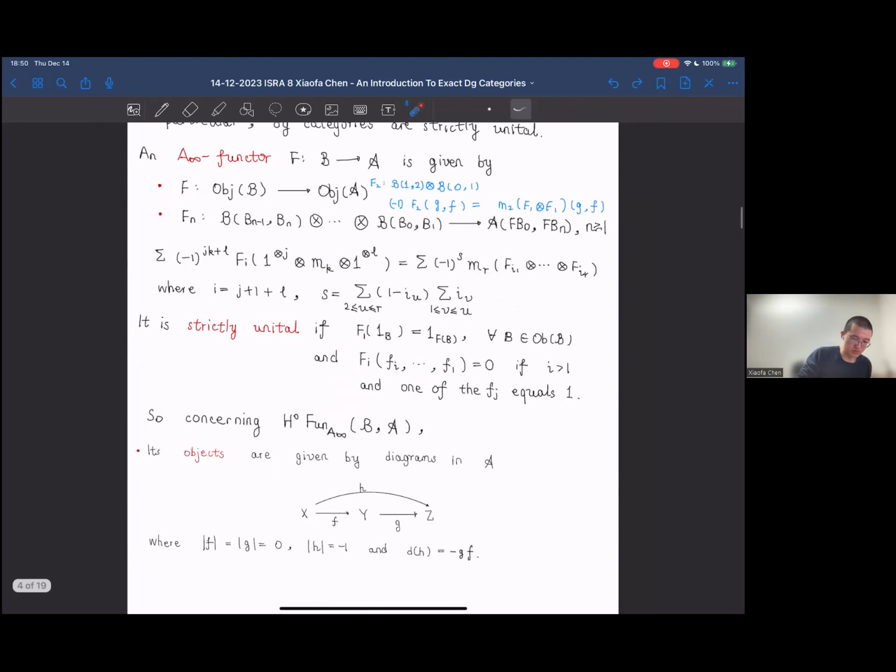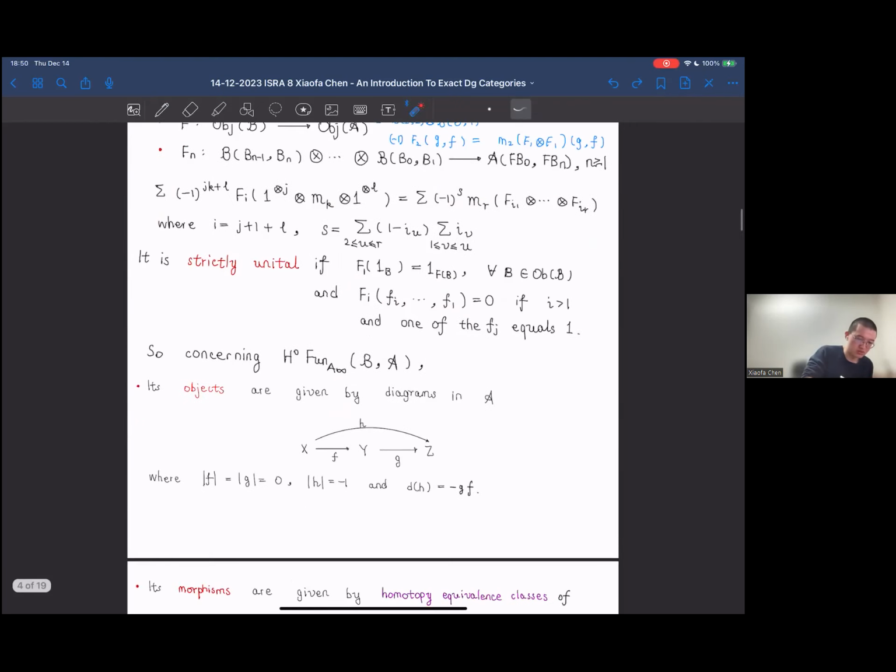So we summarize it. Concerning our category of strictly unital A-infinity functors, the objects are given by such diagrams.